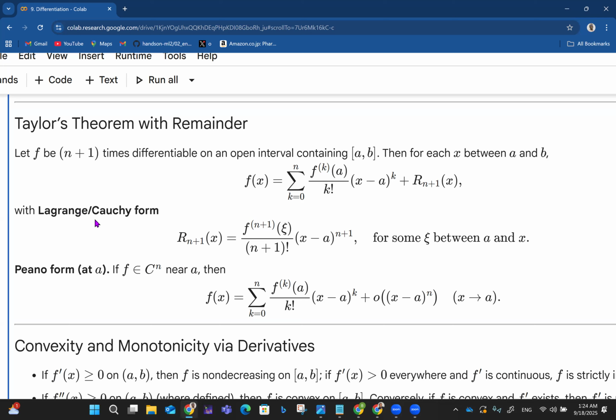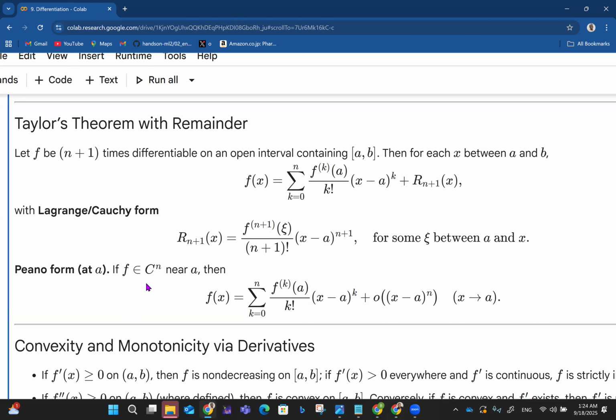So here we have the Lagrange, Cauchy form, which is R_{n+1}(x) equals f^(n+1), the n plus 1 derivative of f, evaluated at psi, all over (n plus 1) factorial, multiplied by (x minus a) raised to n plus 1, for some psi between a and x. So then we have the Peano form at a.